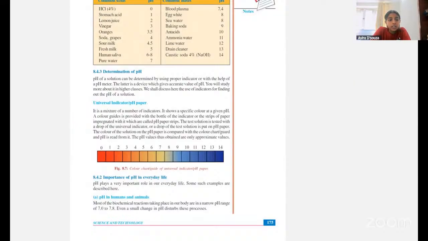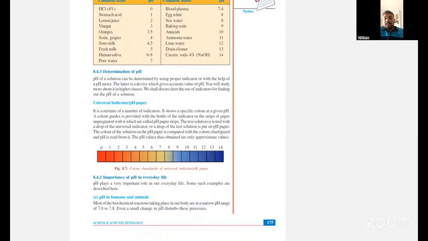A color guide is provided with the bottle of the indicator or the strips of paper impregnated with it, which are called pH paper strips. The test solution is tested with a drop of universal indicator, or a drop of the test solution is put on a pH paper. The color of the solution on the pH paper is compared with the color chart guide, and pH is read from it. The pH values thus obtained are only approximate values.